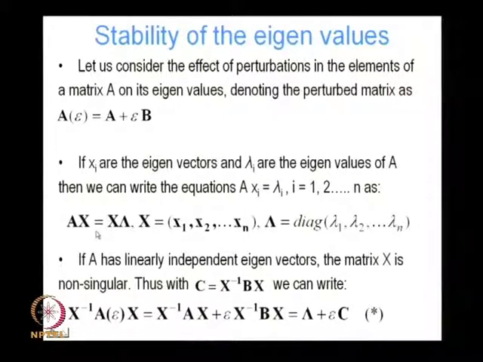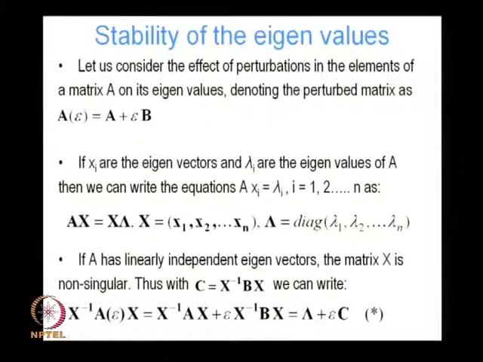And since A has linearly independent eigenvectors, the matrix X has full rank, because each of its columns is an eigenvector, and each eigenvector is linearly independent. So X is invertible, X is non-singular. So we can define a matrix C equal to X inverse B X, so that we can write X inverse A epsilon X. We are operating on X with A epsilon, and then operating on the resultant with X inverse.